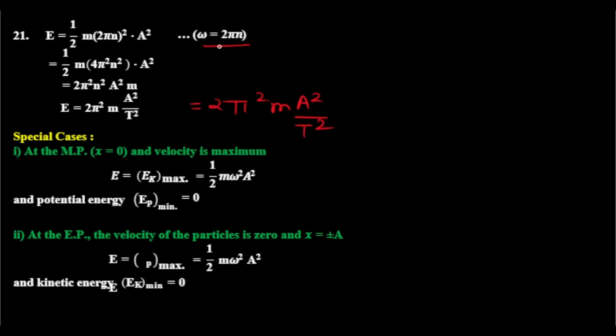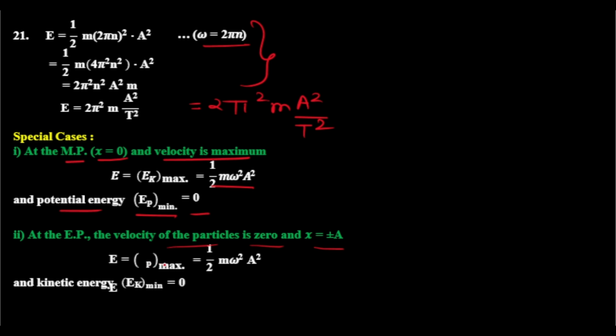You can check these steps as well, but you can use this formula. Special case: at the mean position, x is equal to 0 and velocity is maximum. E is equal to Ek max, which is half of m omega square a square, and potential energy Ep minimum is equal to 0. At the extreme position, the velocity of the particle is 0 at x is equal to plus or minus a.